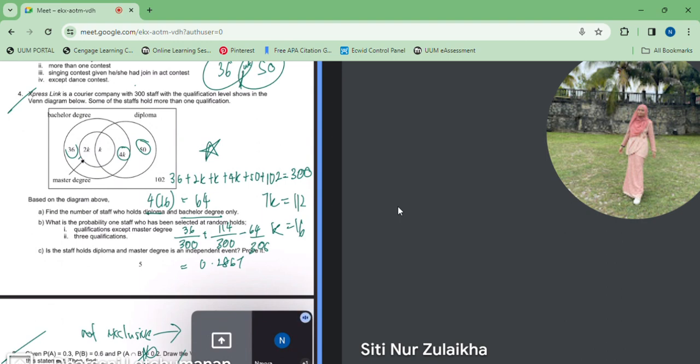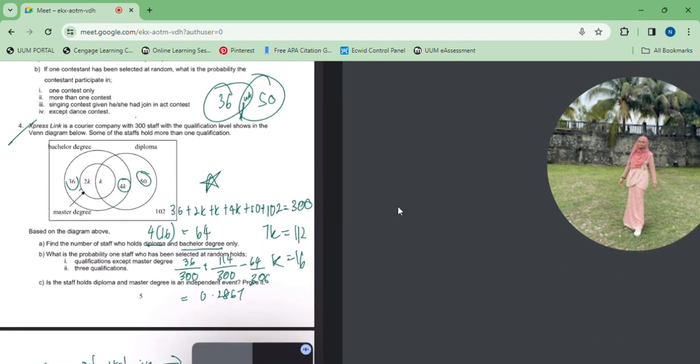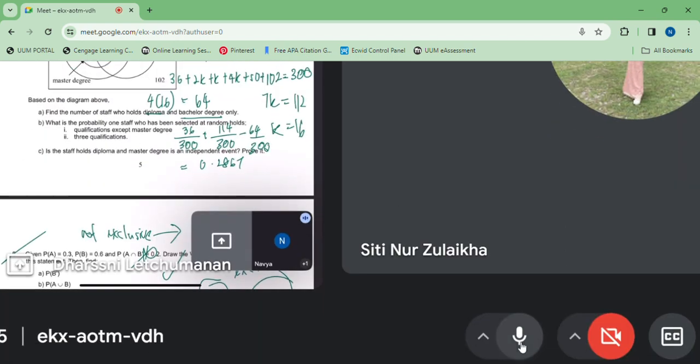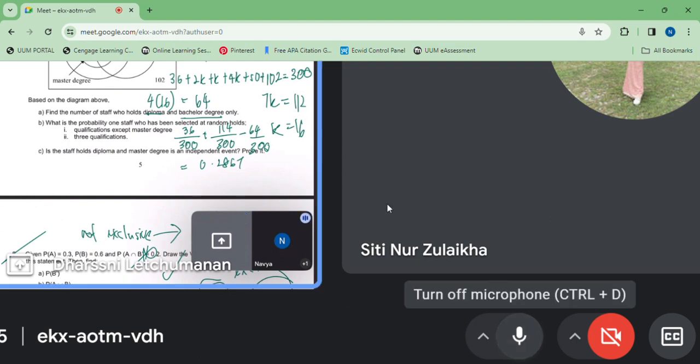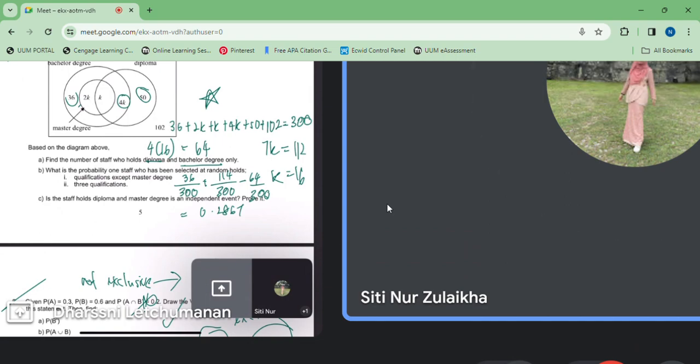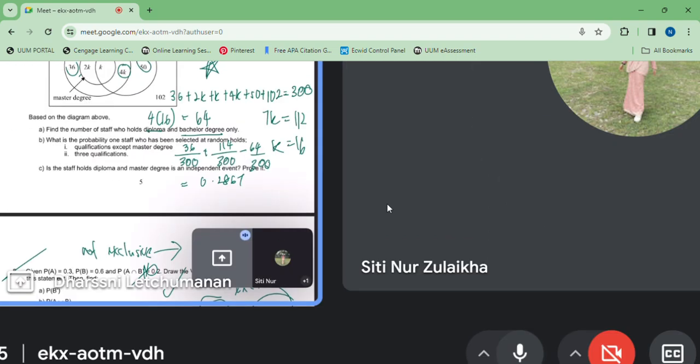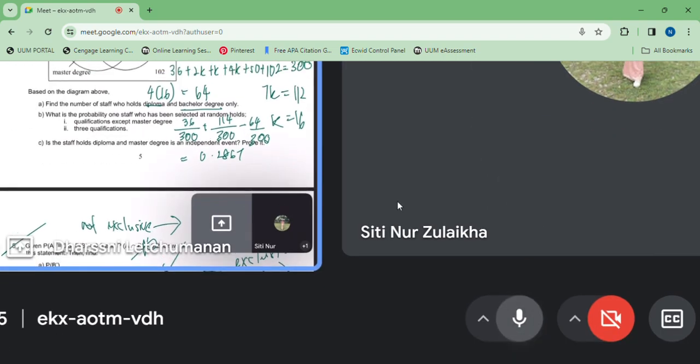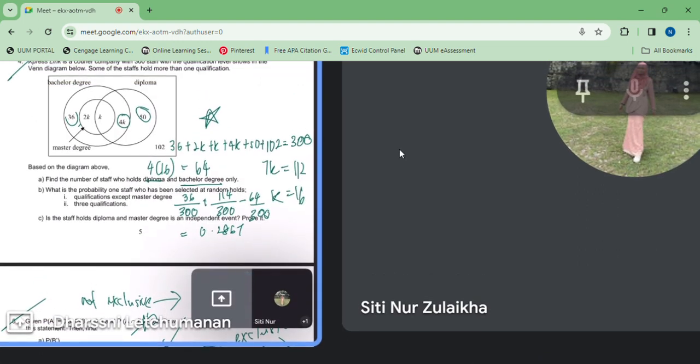Can you understand? The 114 is because, wait, let me draw again. It's like this: 64, 50 and 36.